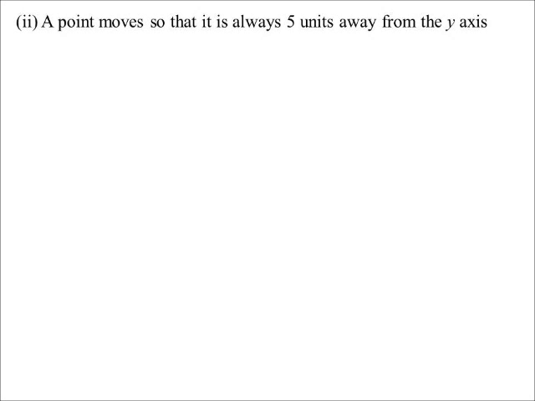So a point moves, it's always 5 units away from the y-axis. What would that be? x equals 5. Let's have a look. Okay, here's the number plane. There's my random point. We're saying the distance to the y-axis, so we can give that point coordinates 0, y.